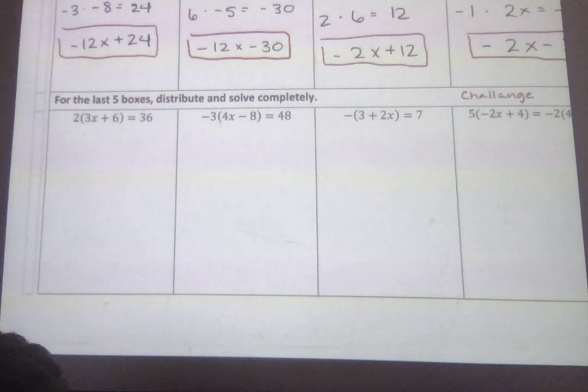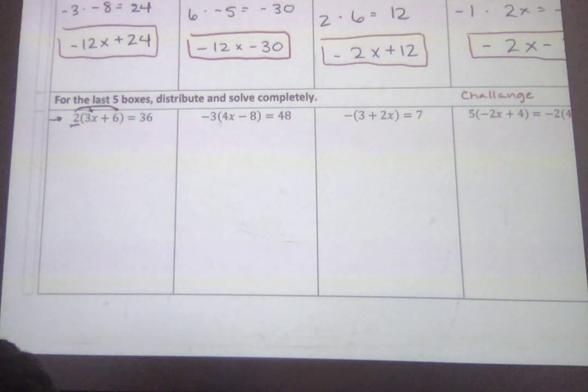We'll start with this first one here. We have 2 parentheses 3x plus 6 equals 36. Again, our first step, we see that 2's outside the parentheses right here. So we're going to go ahead and distribute that 2 to the 3x as well as the 6. Like I said, we're going to multiply.